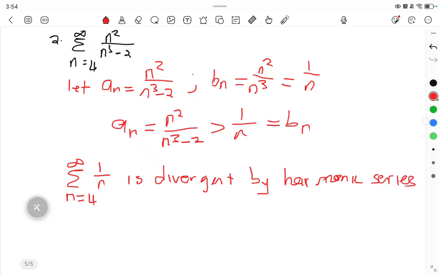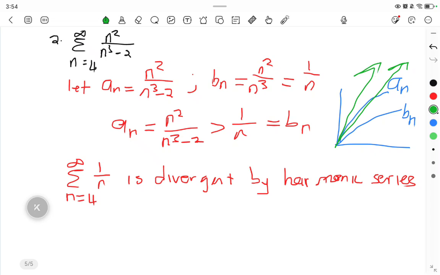Now I can draw that diagram and check what will happen to an. We know that an is bigger than bn. An is bigger, bn is small. So if bn diverges, it goes up. It will force an to also go up, and then we know that an will also diverge.